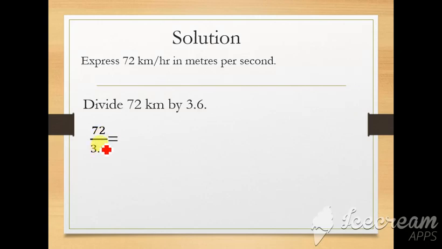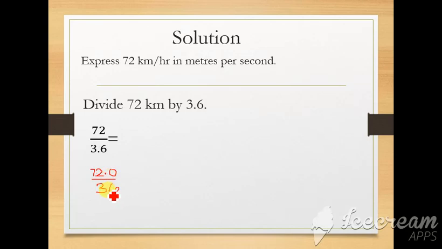And it's not always easy dividing by a decimal number. So I have 72, and I can rewrite this 72 over 3.6. What I want to achieve is, how do I make this one a whole number?